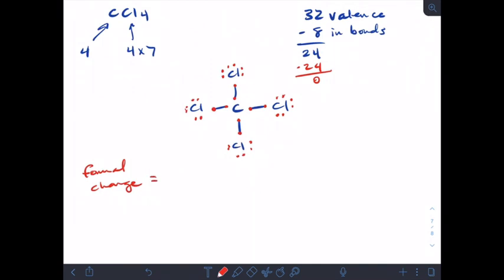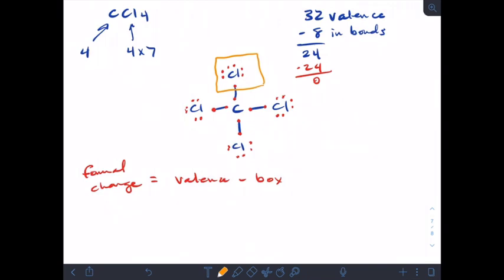And the easiest way to do it is, I'm going to write this, and it'll make sense after I explain it. Valence minus box.